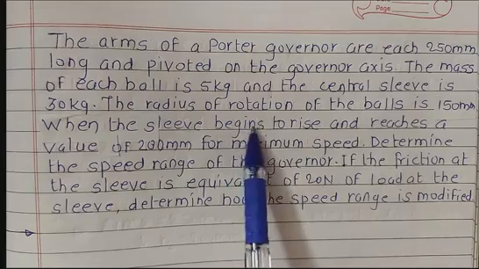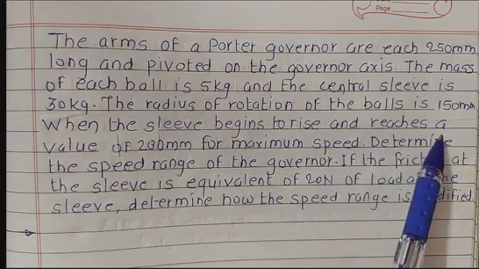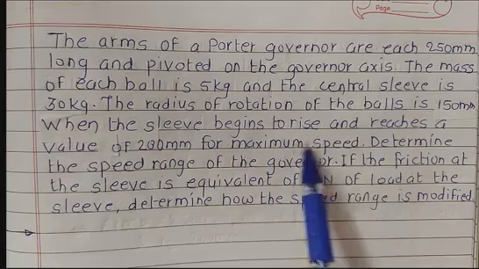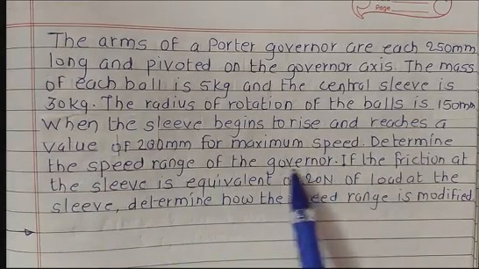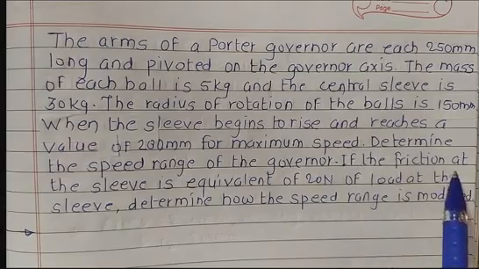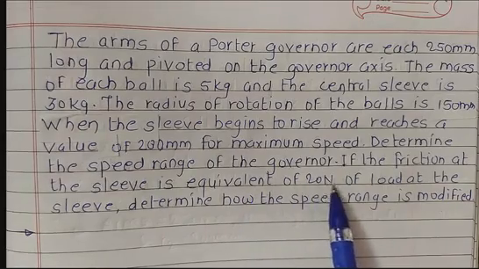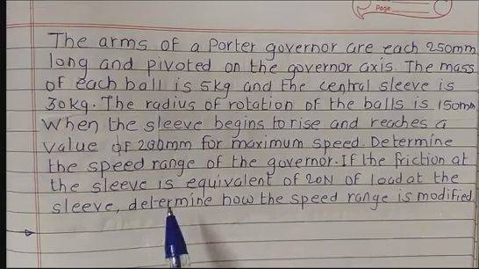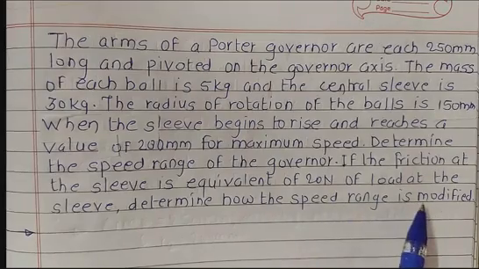When the sleeve begins to rise and reaches a value of 200 mm for maximum speed, determine the speed range of the governor if the friction at the sleeve is equivalent to 20 Newton of load at the sleeve. Determine how the speed range is modified.